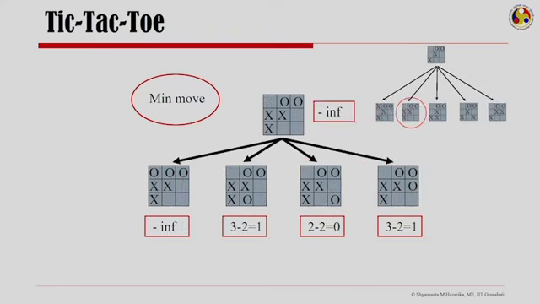I could then move to the second node, and it is interesting to see that at this node, the moment I allow Min to play, Min could mark this position and it would win the game. So, the evaluated value is minus infinity.